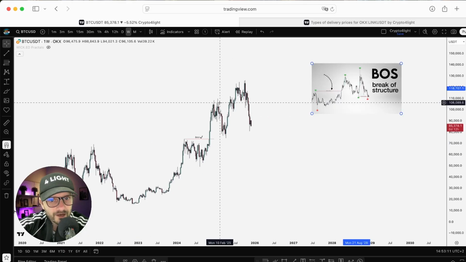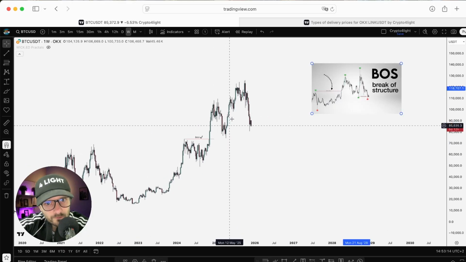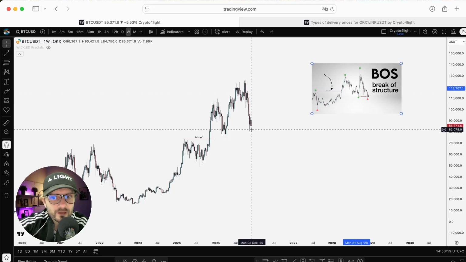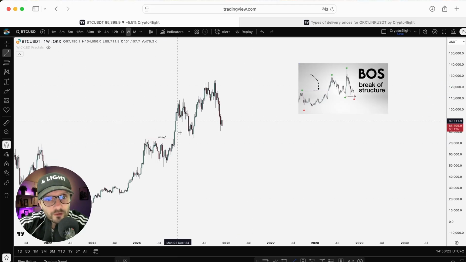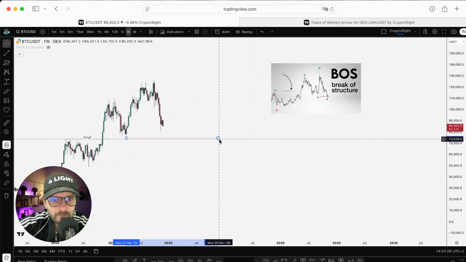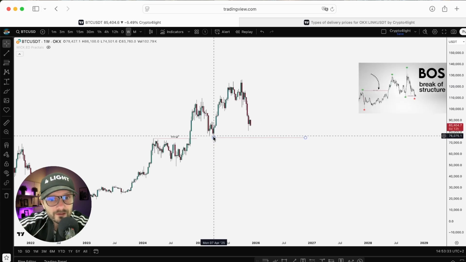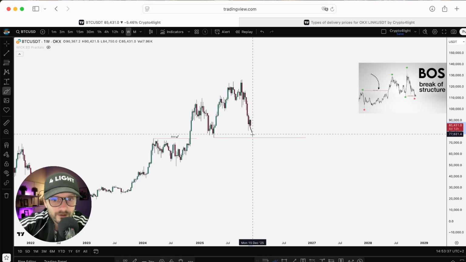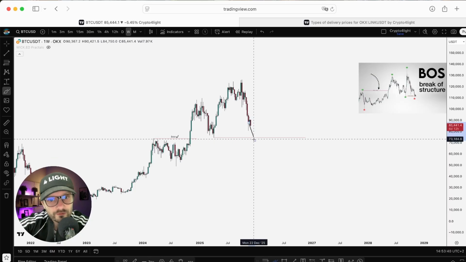Higher low, higher high, higher low, higher high, and now we still got a higher low. The break of global structure on BTC will be if we drop under this point of interest, it's 74,500. If we break this low, technically it can be the end of the uptrend structure.